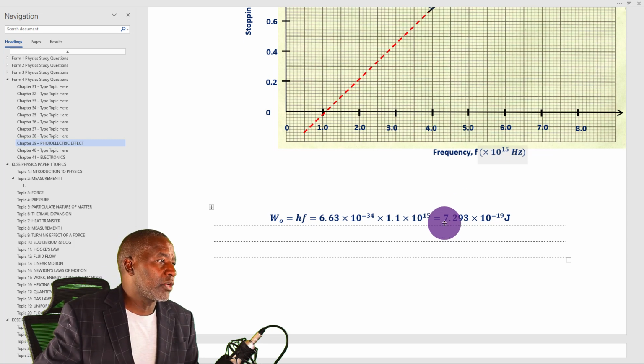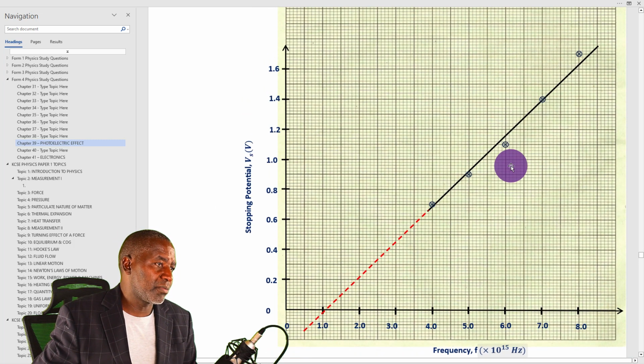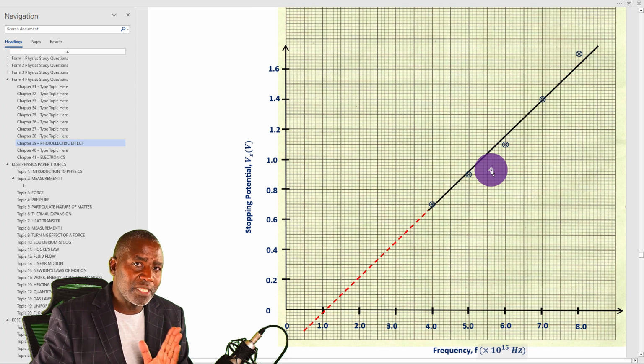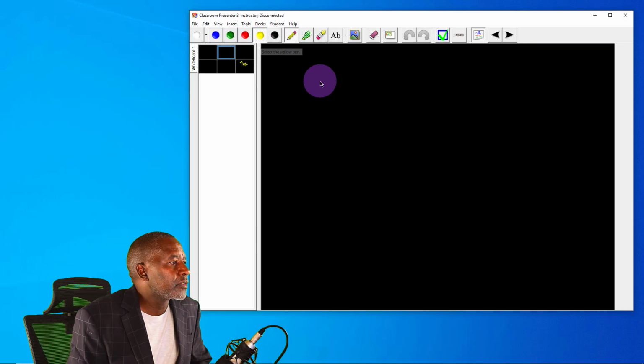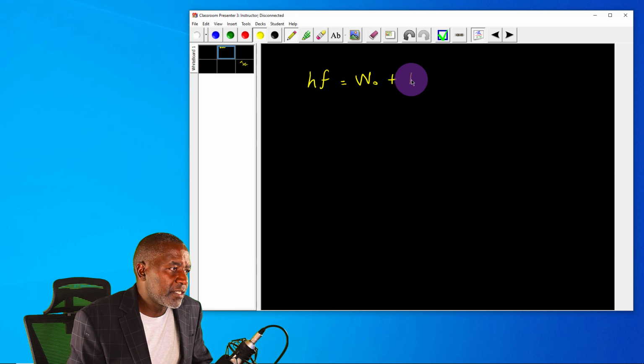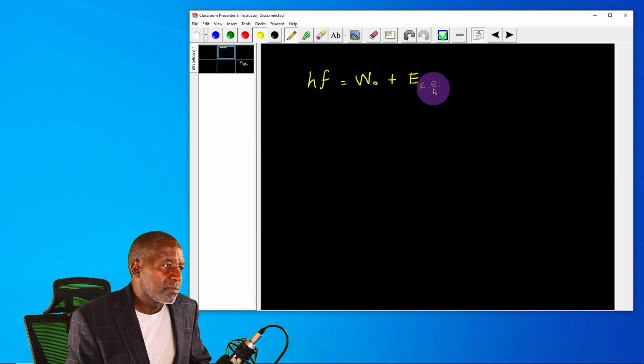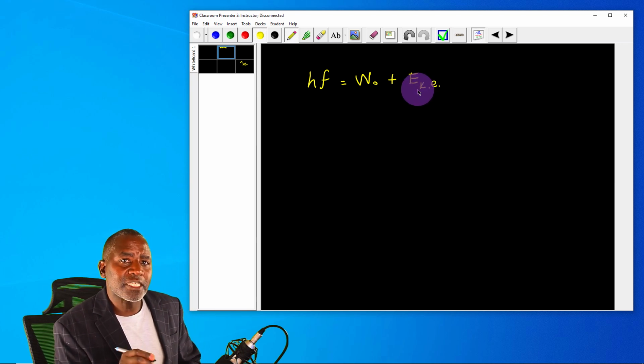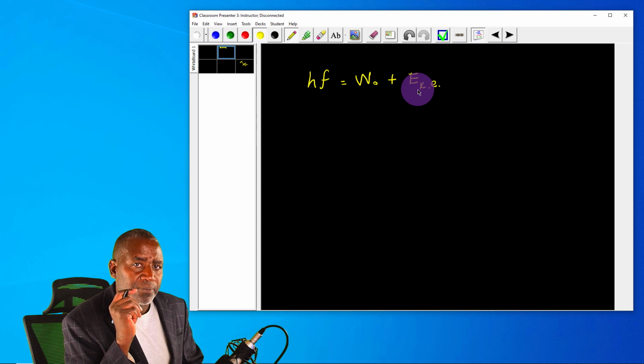Let me look at the equation which is being used here so that we can understand why we are plotting these types of graphs. Now, this is how the energy of the incident photon, which is hf, is used. It goes to provide the work function, and then it gives that emitted electron some certain amount of maximum kinetic energy.